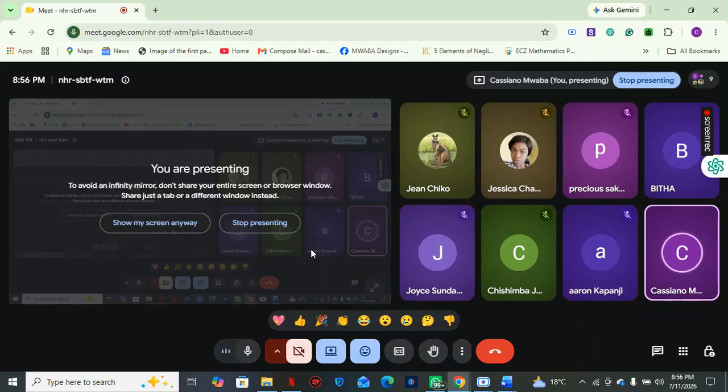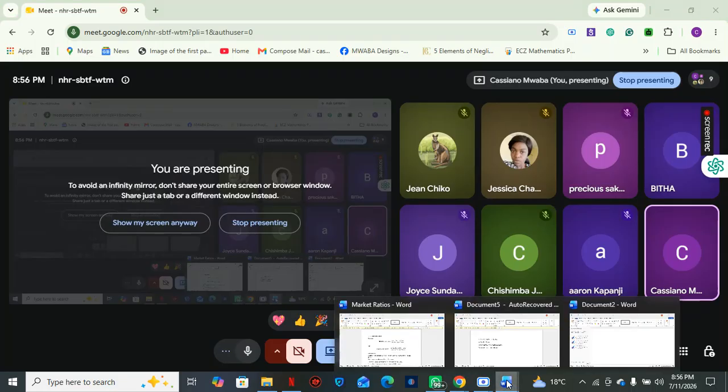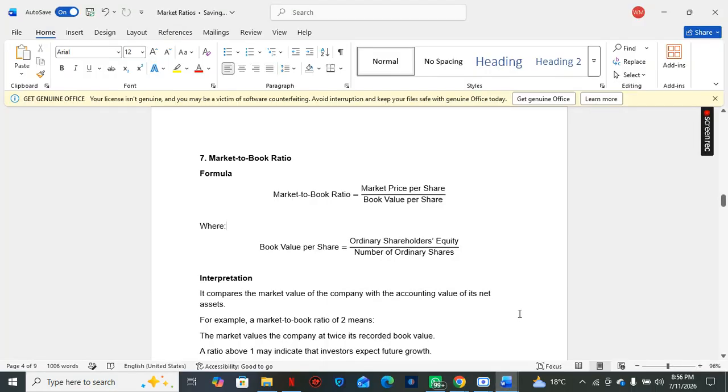Then there's something wrong there. For example, if you issued shares originally for 5 kwacha per share, you expect that in the market those shares will be selling for more than 5 kwacha. But if they're selling for 4 kwacha, then there's something wrong. Yes. Any questions, colleagues?